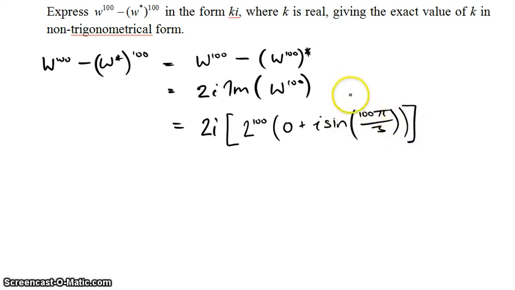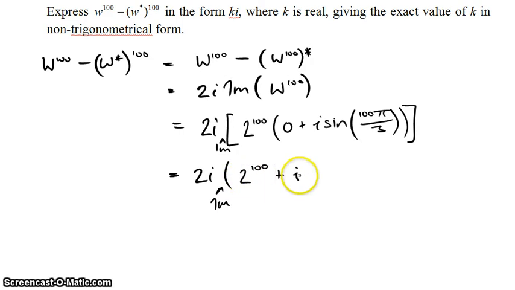Fortunately, I can tell you what 100 pi upon 3 is fairly easily, and you can work that out yourself and check it on your calculator even. So this is 2 to the 100 plus i, I have forgotten one little thing, I should have written imaginary part in here as well. So this would be 2 to the 100 i times sine 100 pi over 3.